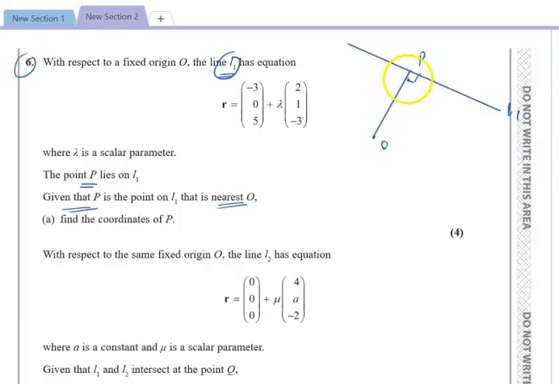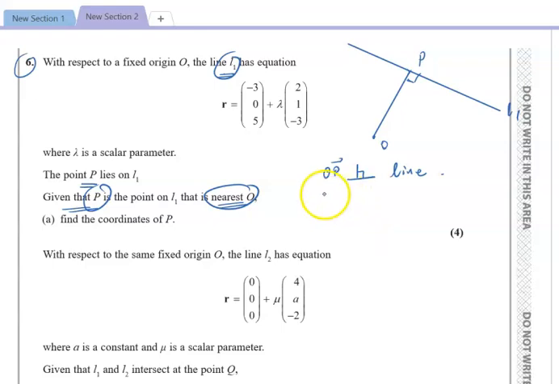Since P is the closest to the origin, it will only be the perpendicular distance. That means the vector OP is perpendicular to the line, since point P is the nearest to the origin.